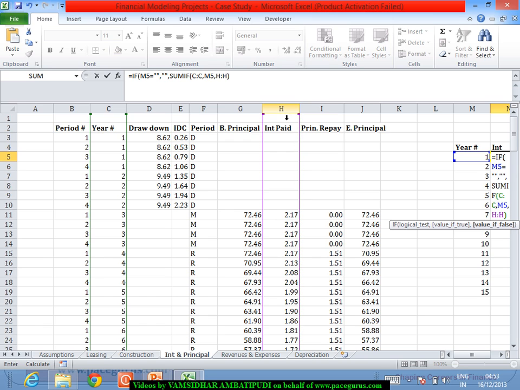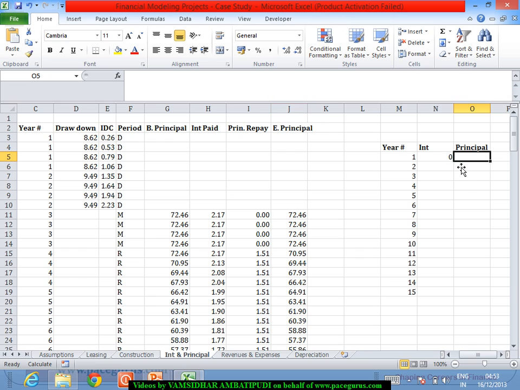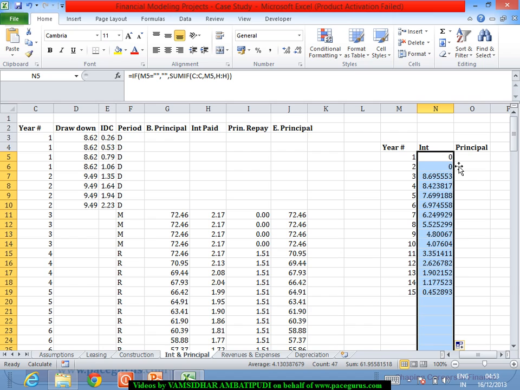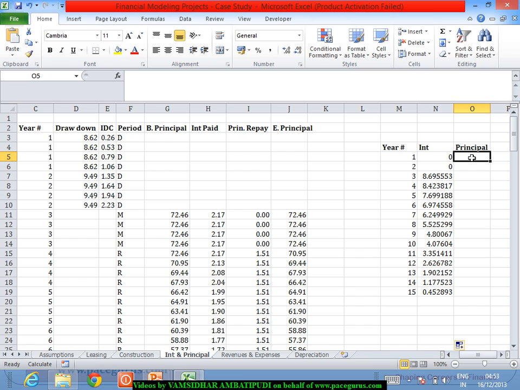So this comes to the interest payment for the first year, and in the same way when I am dragging it across, these are the interest payments for each of the years.